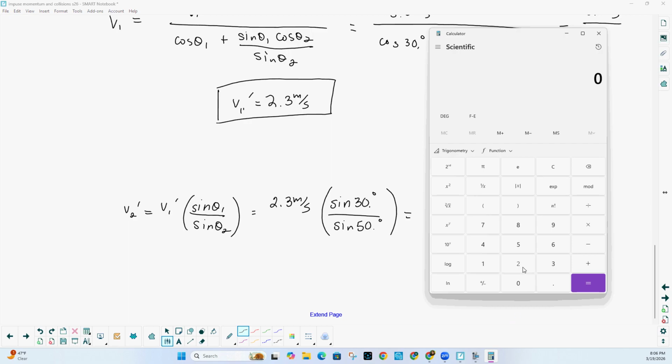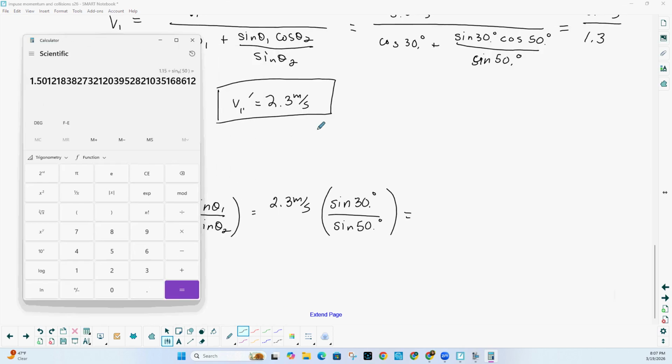So 2.3 times the sine of 30. I type in my angle first, find the sine of that, equals, and then divide by the sine of 50. And I get 1.5 meters per second.